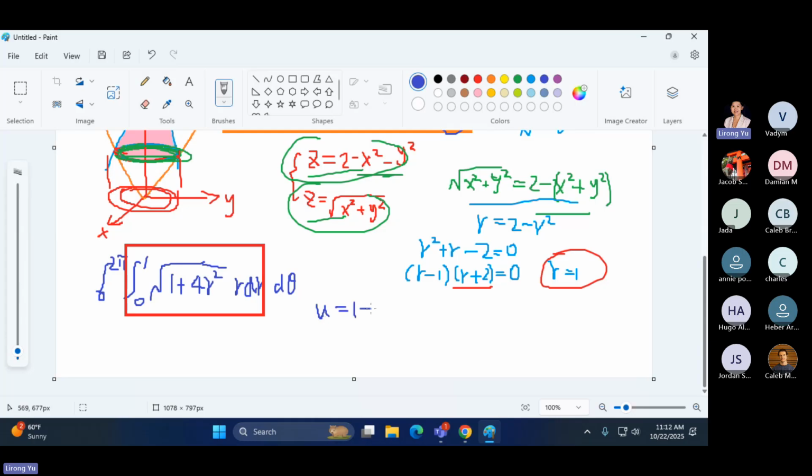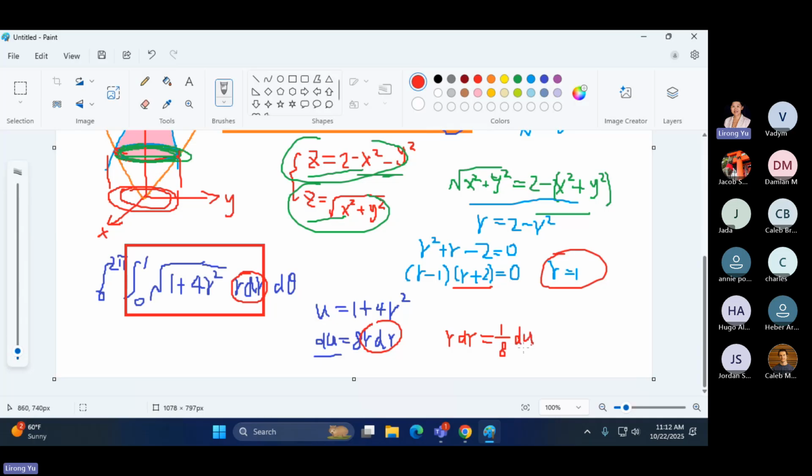Let u equal 1 plus 4r squared, and then du will equal 8r dr, because the derivative of 4r squared is 8r, and the differential is the derivative times the differential variable dr. So whenever you have r dr, like we have here, r dr is actually equal to 1 over 8 du.